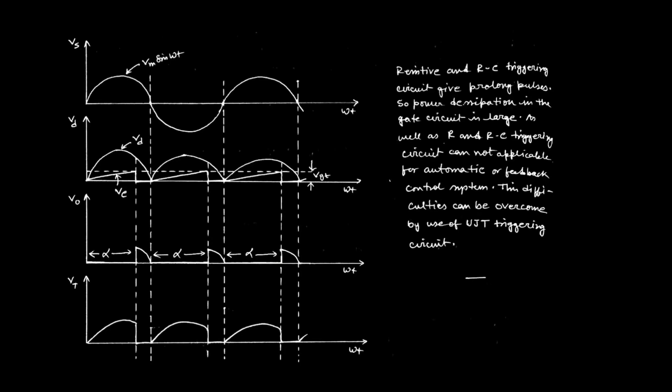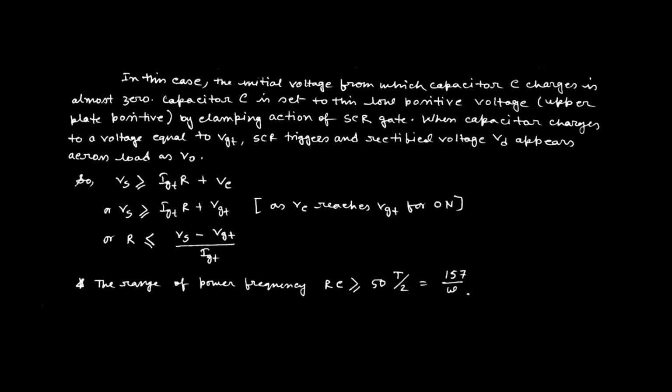Okay, now we can conclude in this case the initial voltage from which capacitor C charges is almost zero. Capacitor C is set to a low positive voltage where the upper plate is positive by clamping action of the SCR gate. When the capacitor charges to a voltage equal to VGT, the SCR triggers and the rectified voltage VD appears across the load, defined by VO.